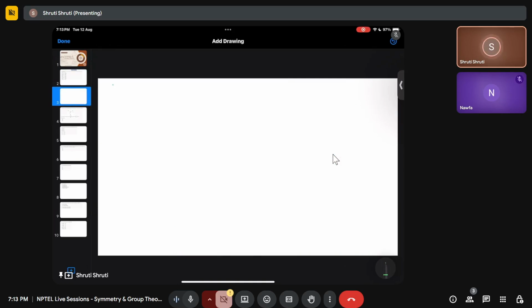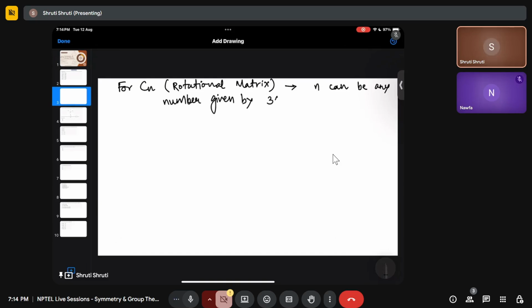Suppose for C rotations, Cn means the rotational matrix. Here I have written n because n can be any number, given by 360 by theta.